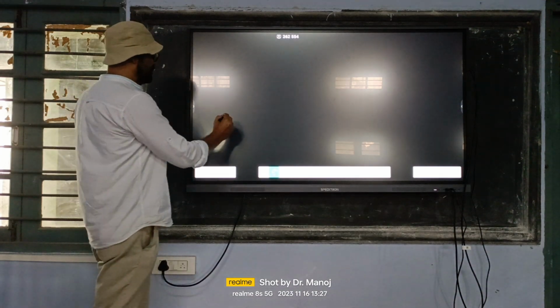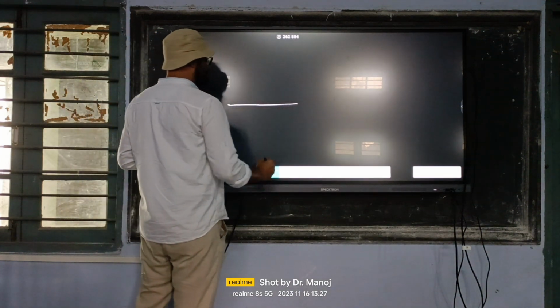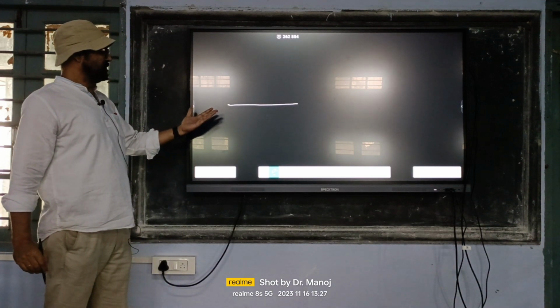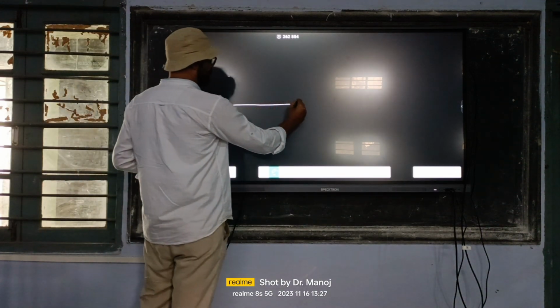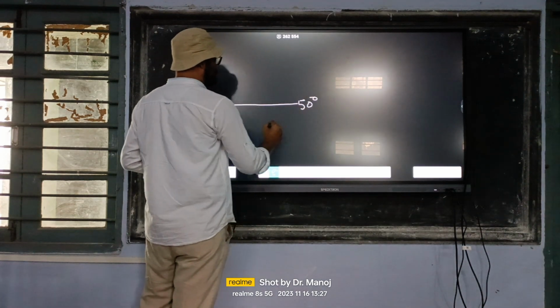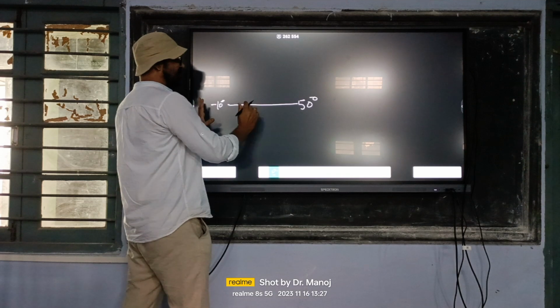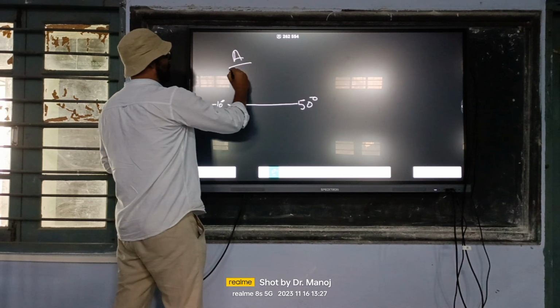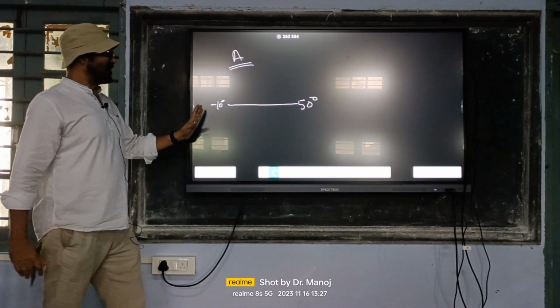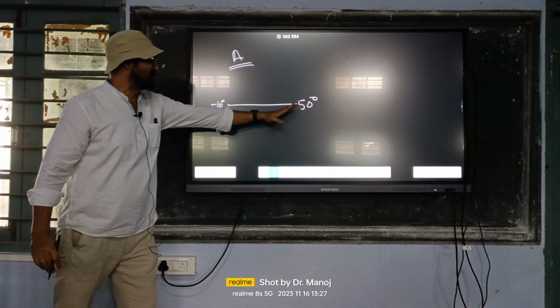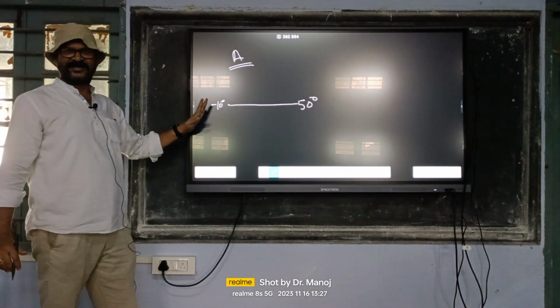For example, temperature. Some organisms may tolerate a maximum of 50 degrees centigrade and a minimum of, suppose, minus 10 degrees centigrade. Suppose this is species A, and this is its range of tolerance against temperature: 50 degrees centigrade maximum and minus 10 degrees centigrade minimum.